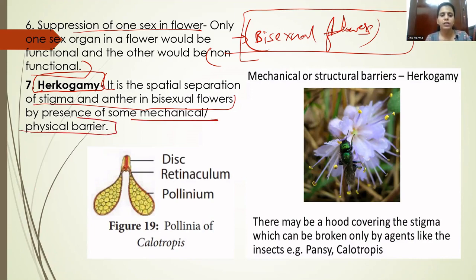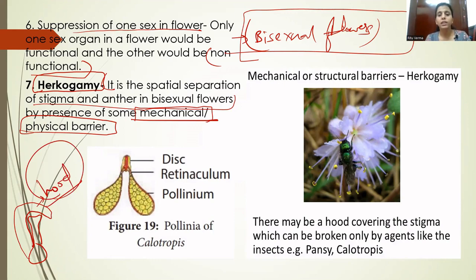Sometimes, for example, if this is the stigma, style and ovary, the stigma is generally covered with a hood-like structure in the flower, so that pollen grain finds it very difficult to reach the stigma of the same flower, and this prevents self-pollination.